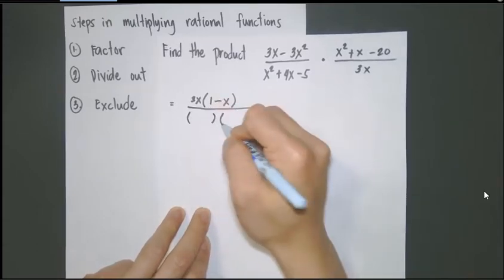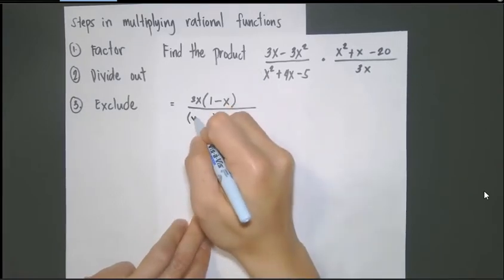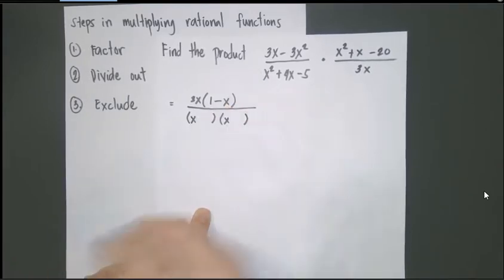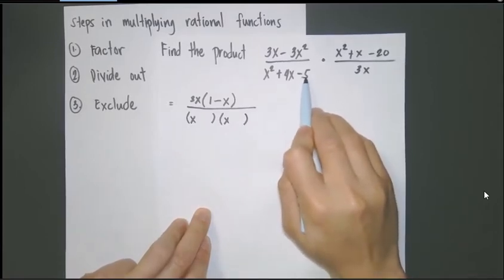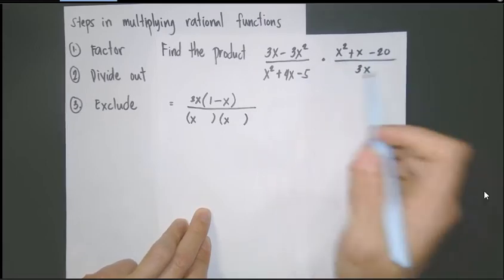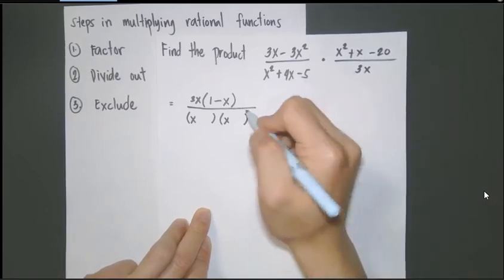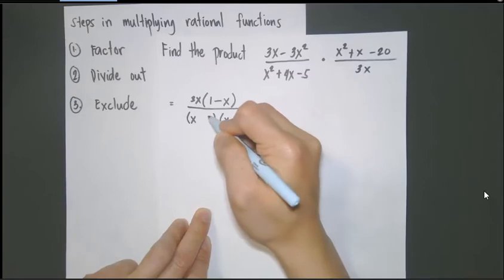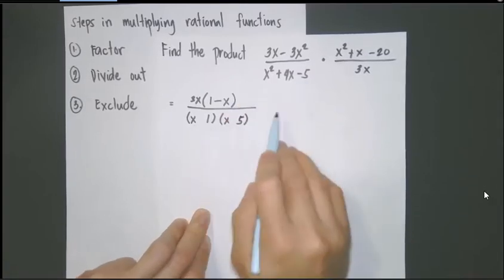Now for the denominator, it's a quadratic expression, so we can use our guess and check method here. Let's factor out x squared first. So that is x times x. Now we want to factor out negative 5, so you would choose two factors that would add up to positive 4. The factors of 5 are 5 and 1. That is negative 5, meaning one of them should be negative.